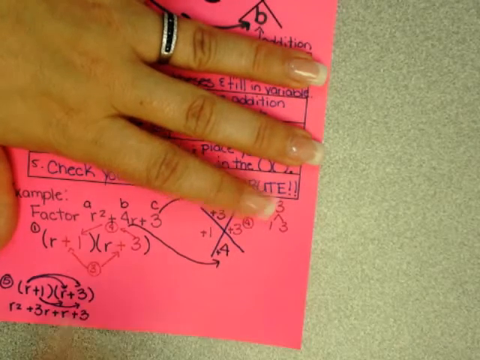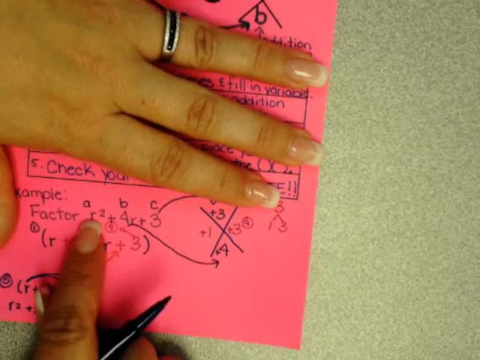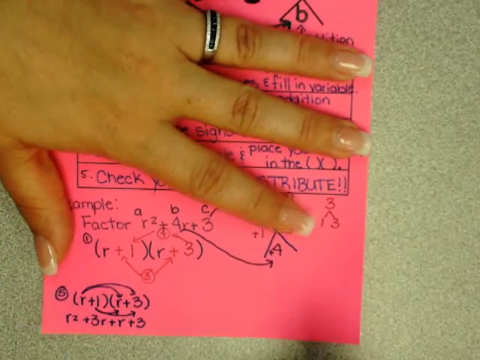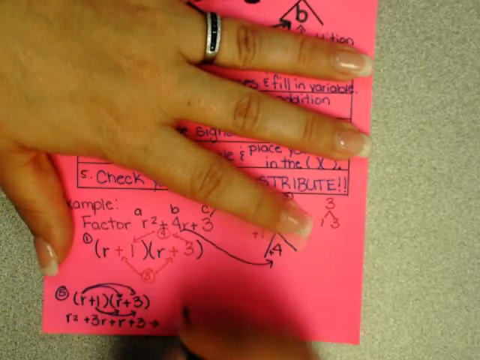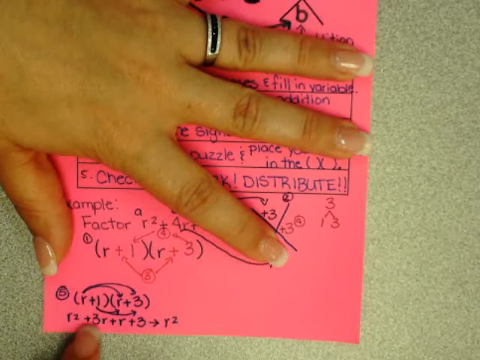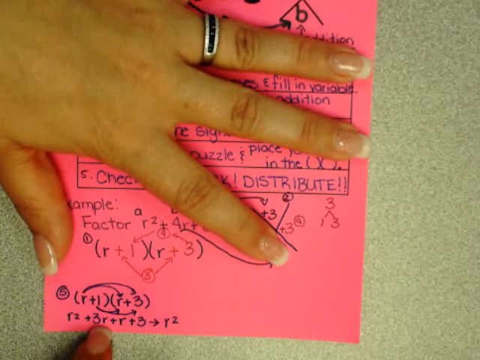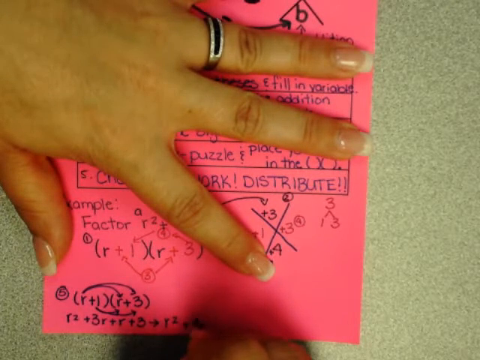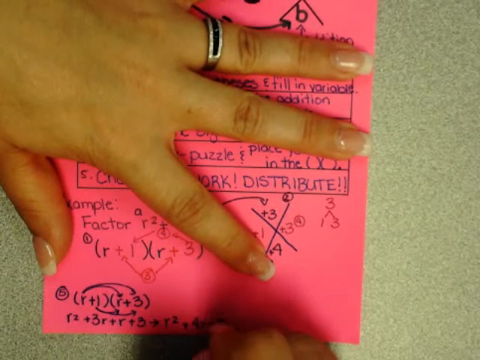I think we're on the right track. We got an r squared, we got a 3, we have an r squared, we have a 3. Okay. Combine our like terms. R squared has no like terms. The only like terms are right in the middle. 3r plus r, well that's 4r. And then 3 had no friends, so it's 3.